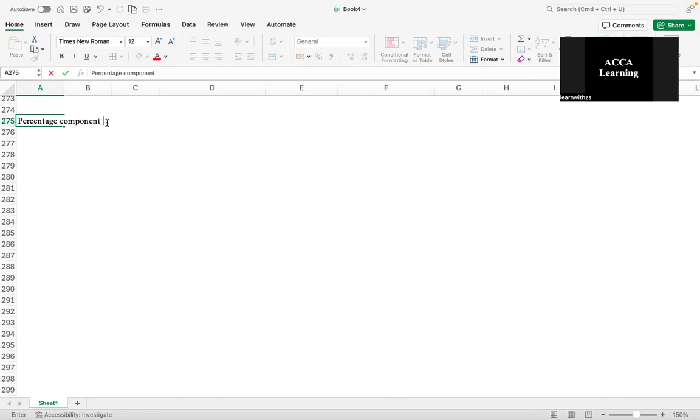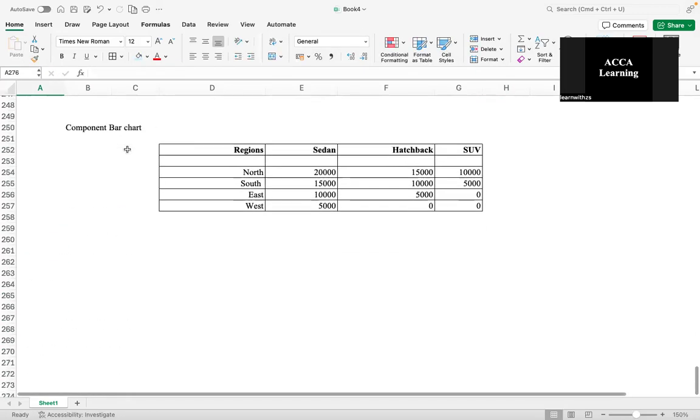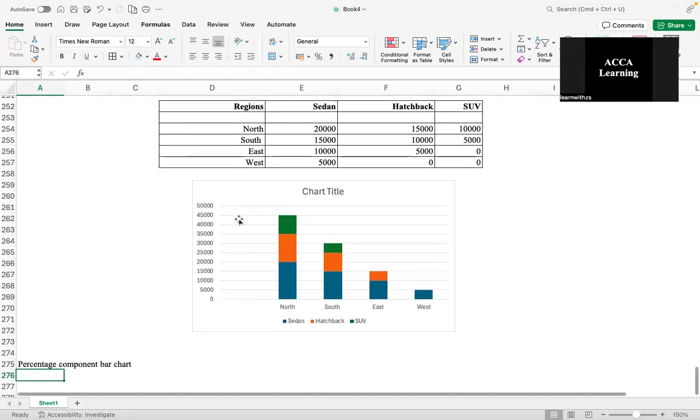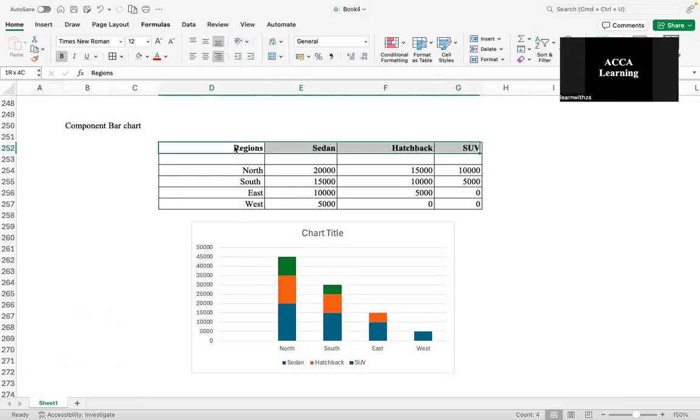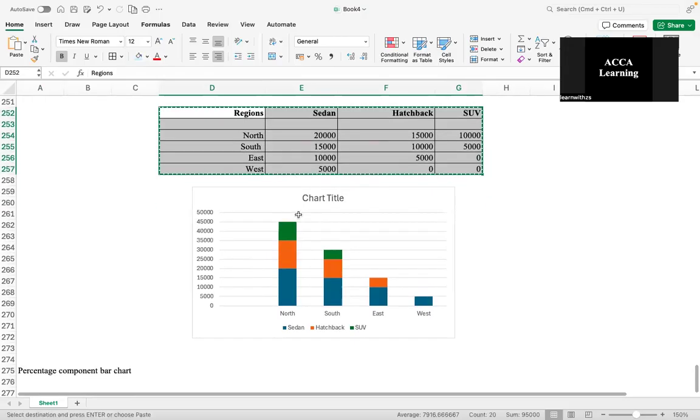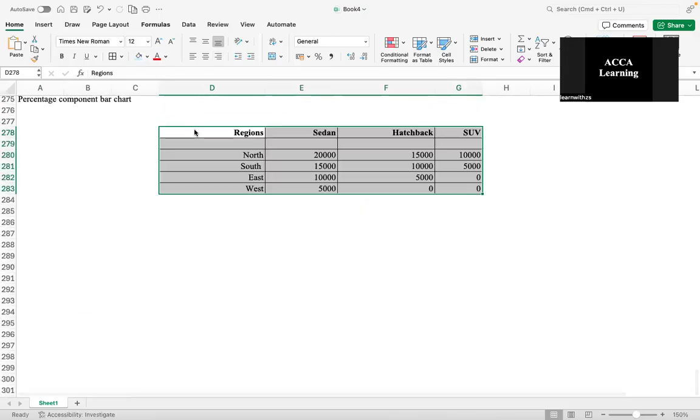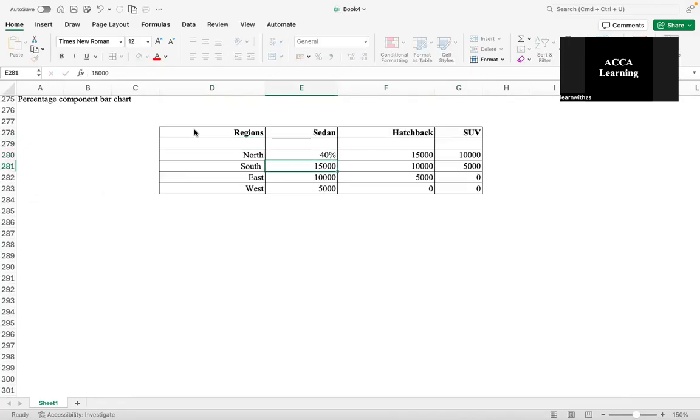a percentage component bar chart is the same thing, all right, but instead of the values, we have percentages, say 40%, you could have a 30% here, you could have 20%, you could have 10%, then here you could have 30% again, you could have 25%, 15%, 5%.